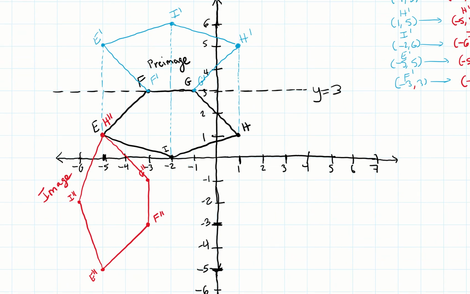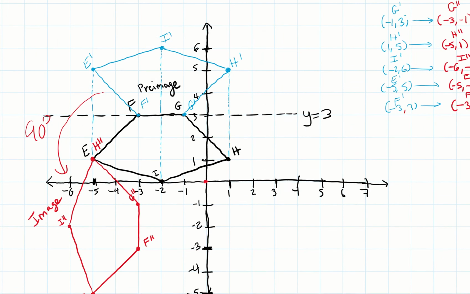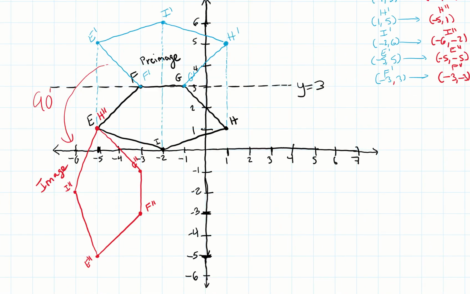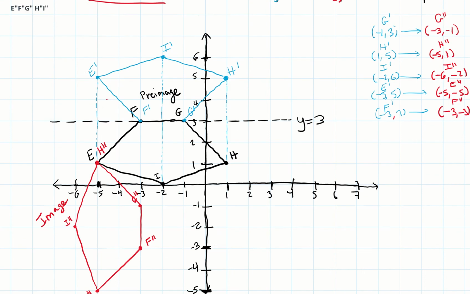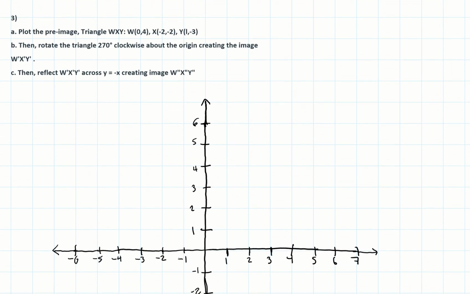You can see that it's reflected about y equals 3, and then we rotated this point 90 degrees that way, of course about the origin. That's going to be problem number 2. Let's go ahead and move to problem number 3.